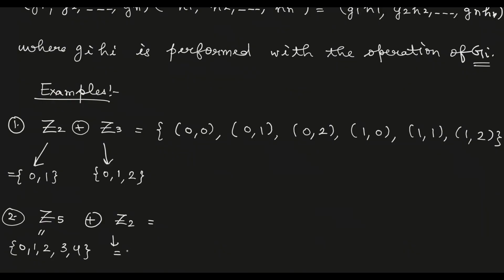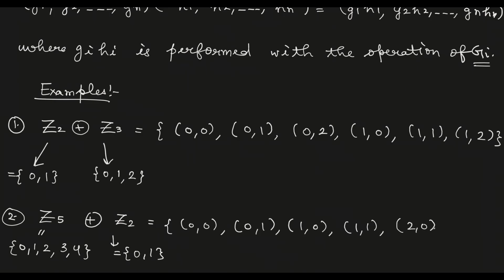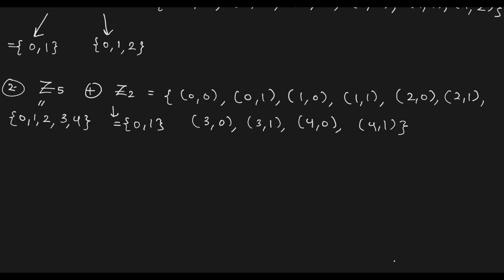And Z2 is 0 and 1. So this will be (0,0), (0,1), (1,0), (1,1), (2,0), (2,1), (3,0), (3,1), (4,0), (4,1). So there are total 10 elements. So order of this group will be 10.